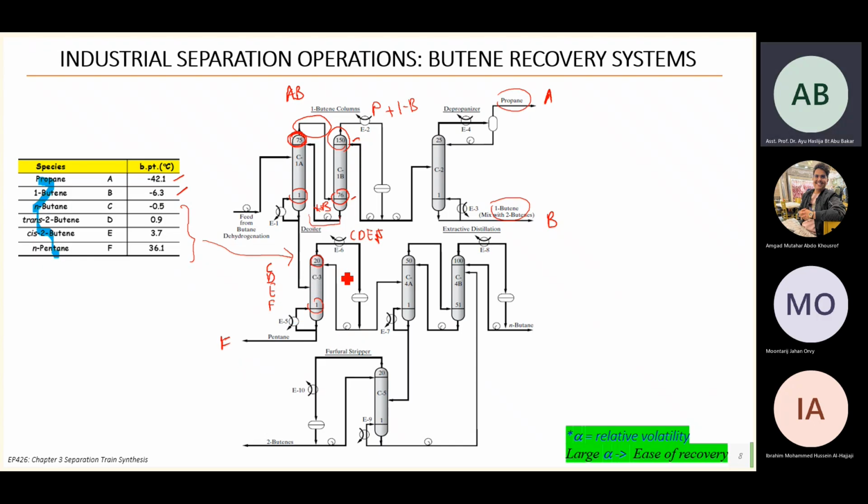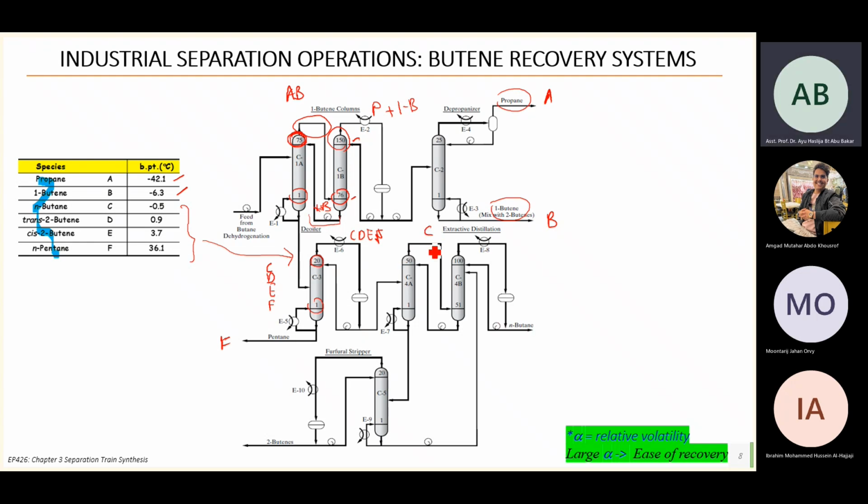Okay, next, we move to the CDE separation. Go to the next column. Here it separates N-butane. N-butane is what?